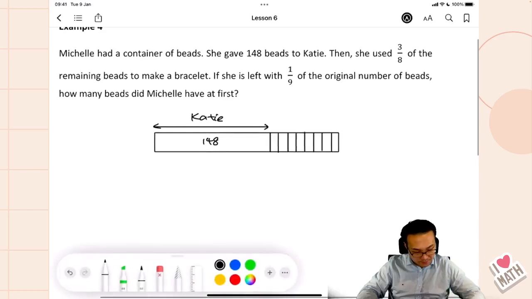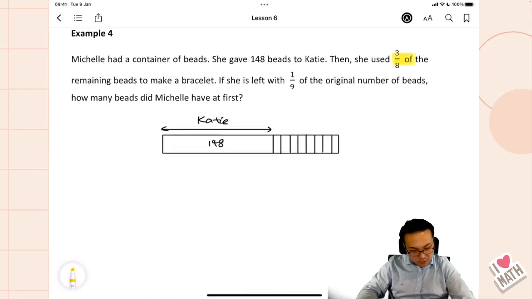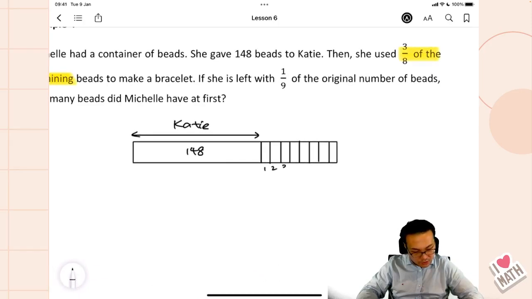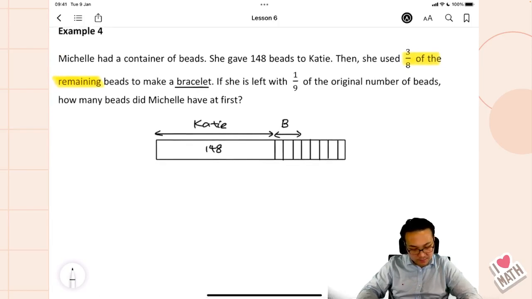Let me highlight. 3 over 8 of the remaining, which is 1, 2, 3 out of 8 units, right? So I draw a line here. 3 out of 8 of the remaining to make a bracelet.